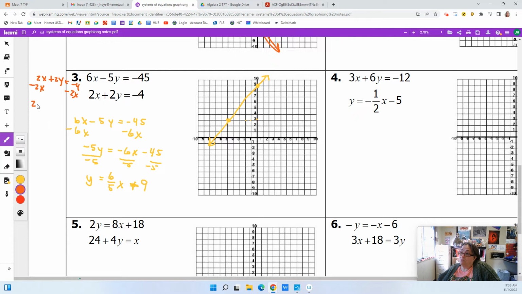And I get 2y equals negative 2x minus 4. So the only thing I have to do now is divide everything by 2. And I get y equals minus x minus 2.